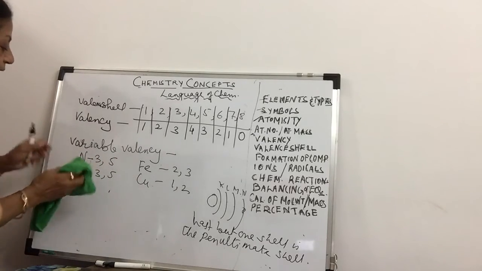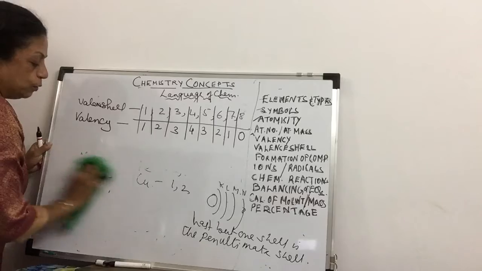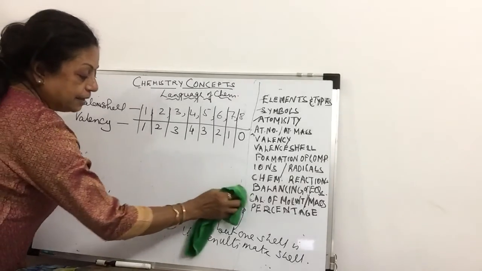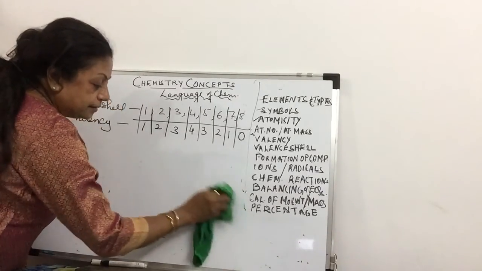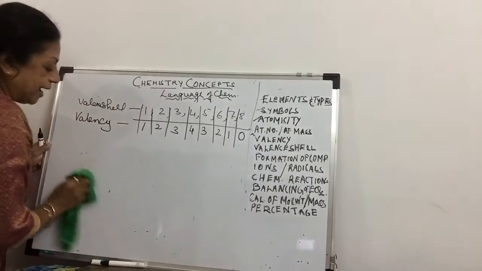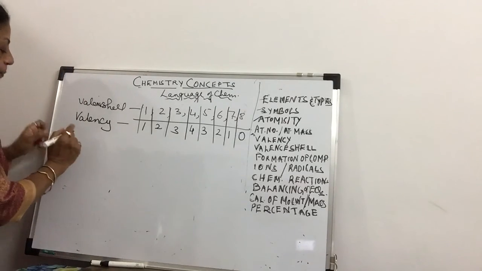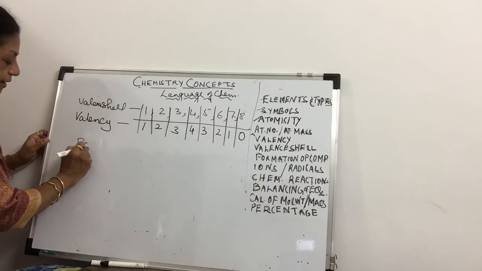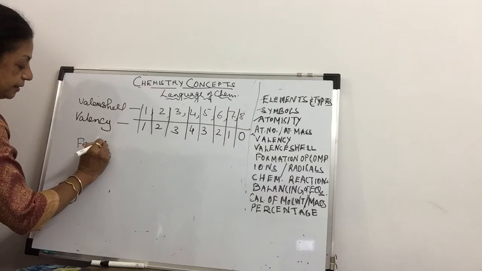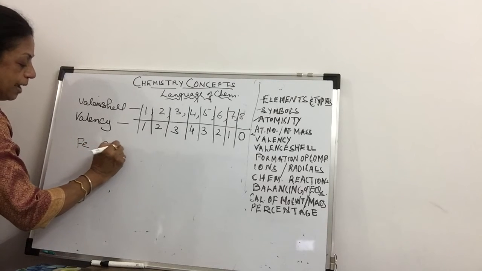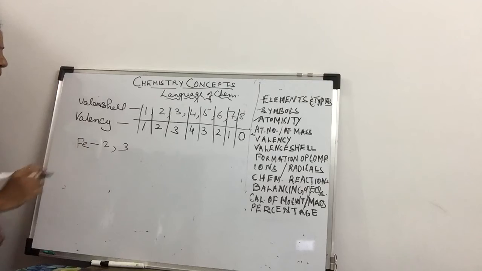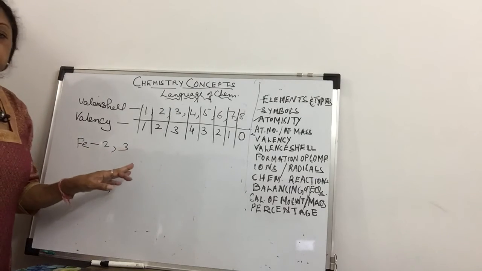And in variable valency, nowadays, in the modern day, how do they write the 2 valencies? Suppose iron, ferrous, and one more thing, it has valency 2 and 3.